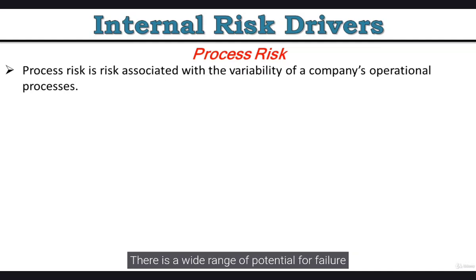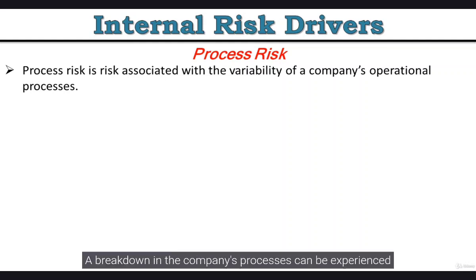There is a wide range of potential for failure inside the company in the same way as with suppliers, supplier risk and customers' demand risk. Again, these risks impact both on the ability to create and satisfy customer demand. The result is that sales and profitability will fall below expectations.